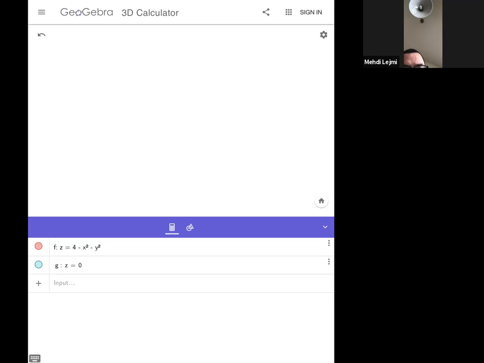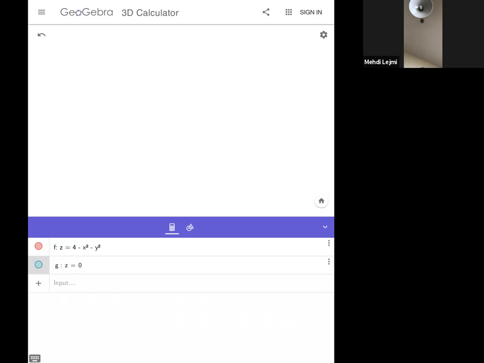I don't know if we can zoom in. Let's see if I can zoom in here. Okay, yeah, I can do that. Sure, good. I can move it to the other side here. Anyway, you see, guys, what will be our solid here in this case?